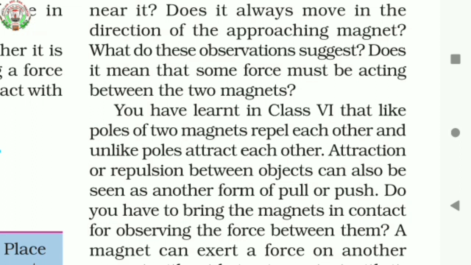And the other name of pull or push is the force. So there is a force acting between the two magnets. Because of that, the bar magnet, which is kept over the pencils, moves backward and forward.